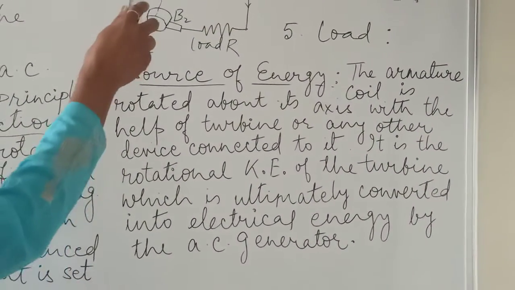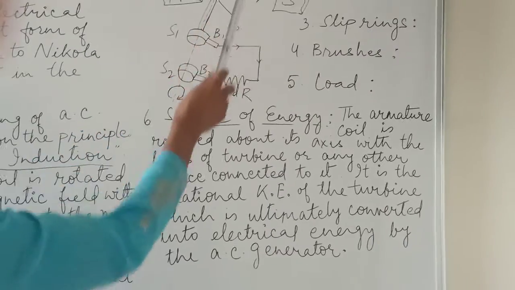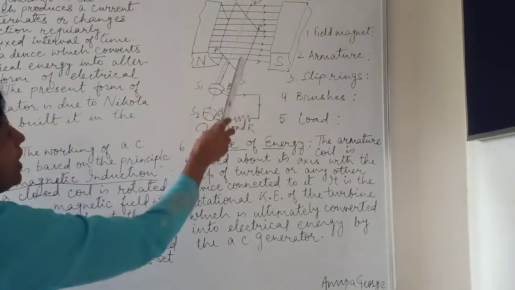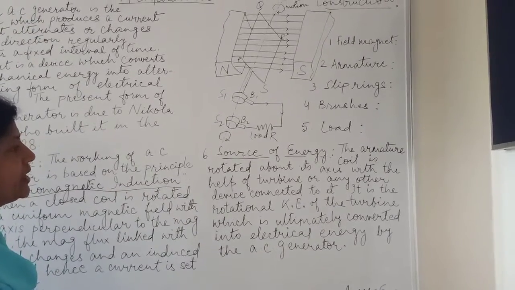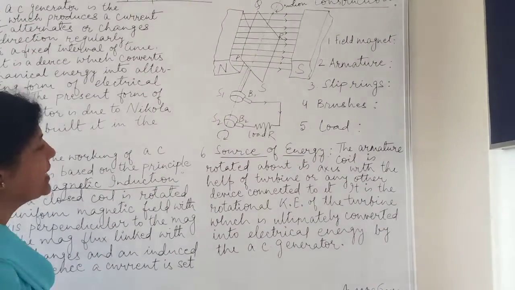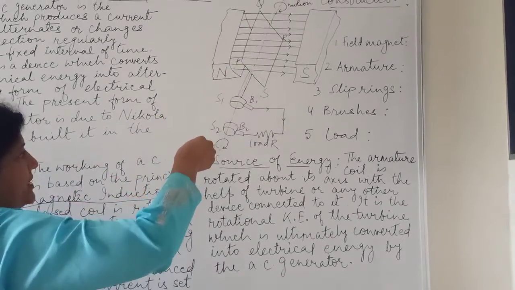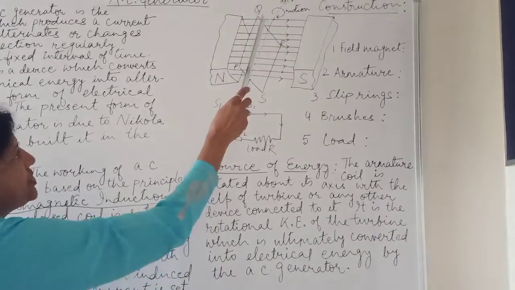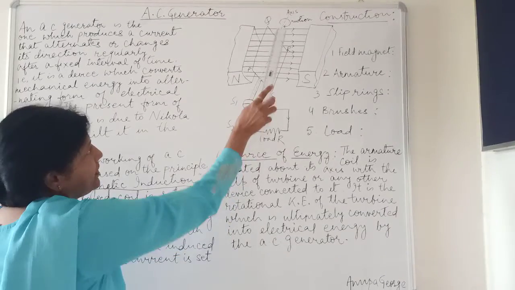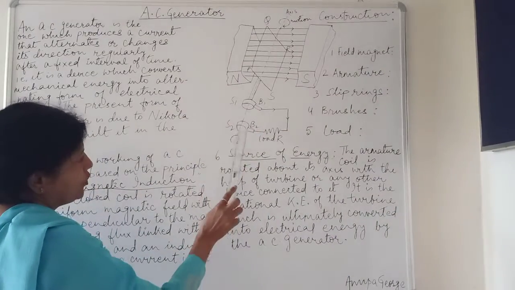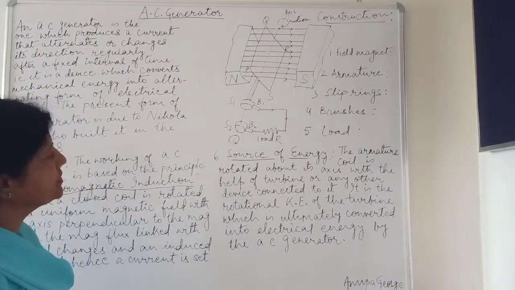The armature coil, this rectangular coil PQRS, is rotated about its axis. You see the arrow mark shows motion.